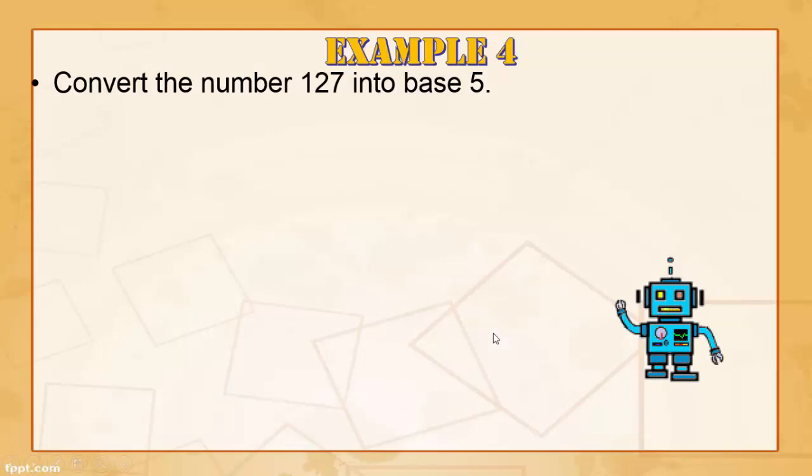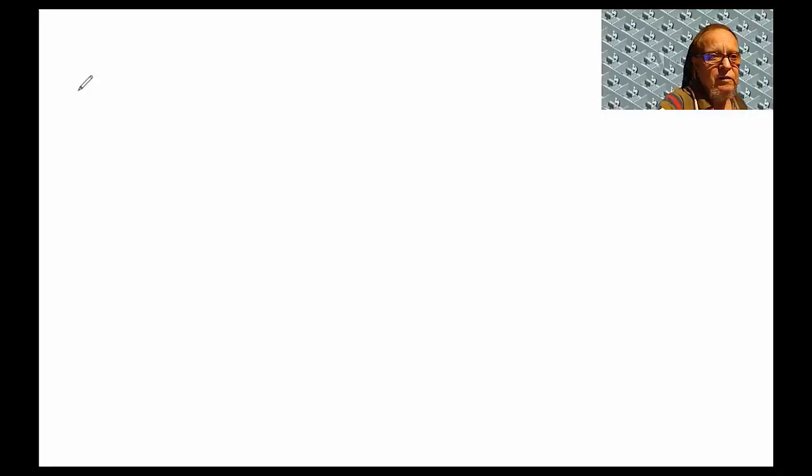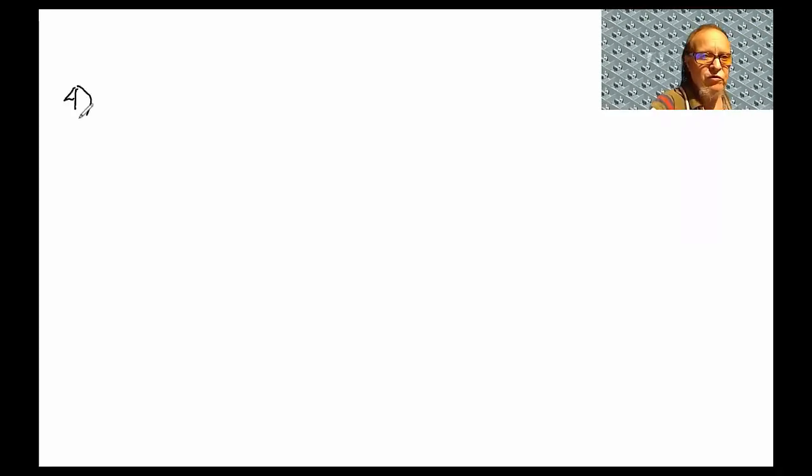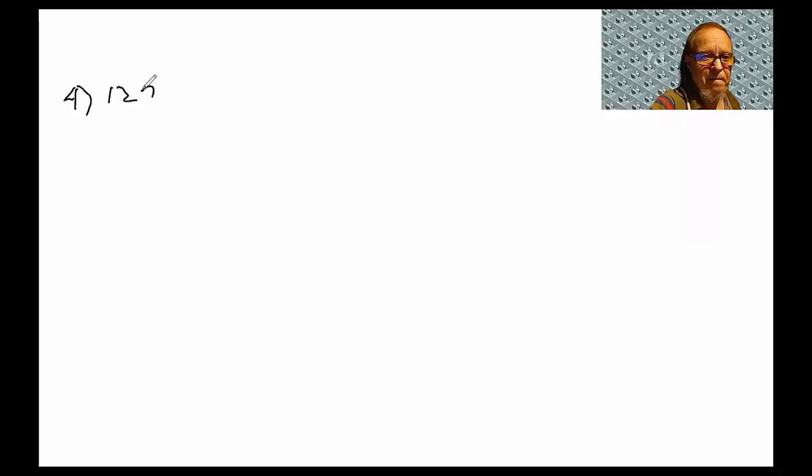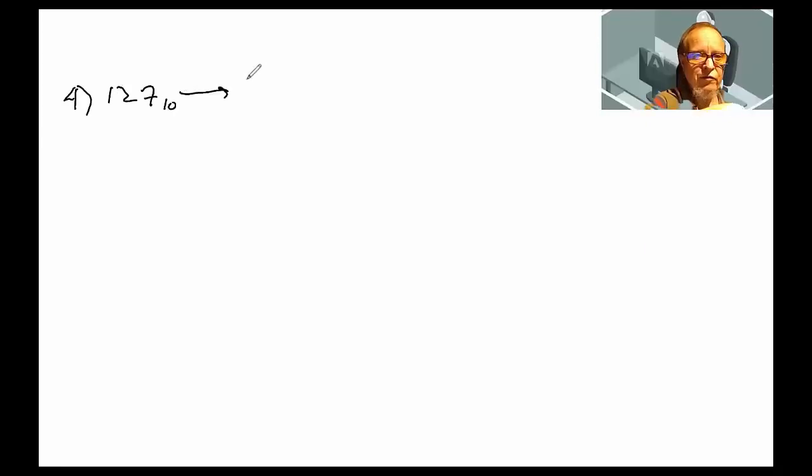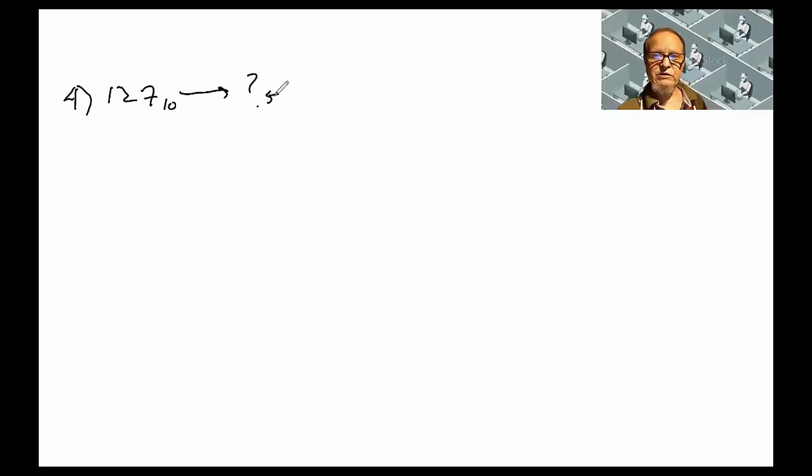Now I'm going to work it out on the whiteboard using a table. Here we have 127, base 10, and we want to figure out what it is in base 5 using our table.